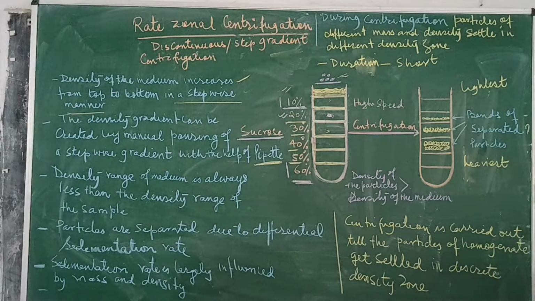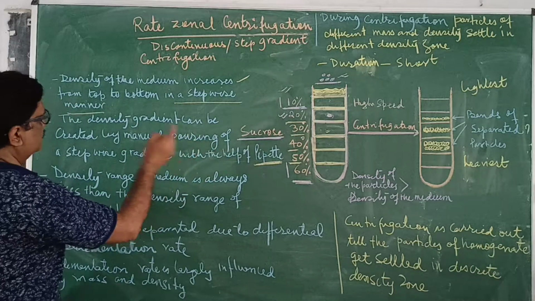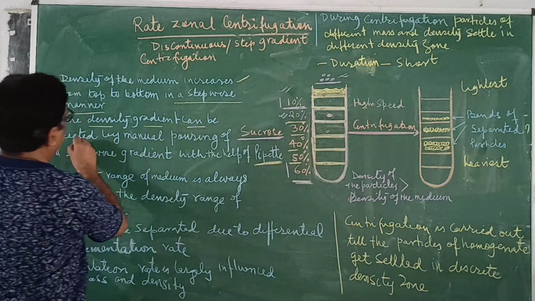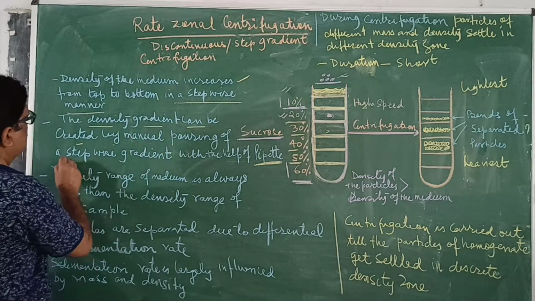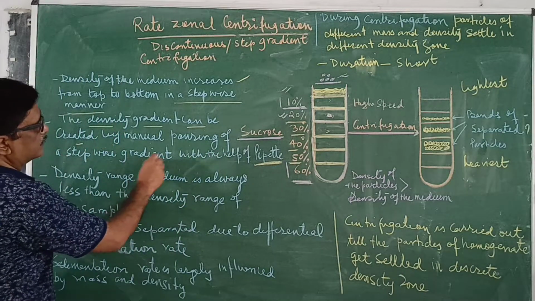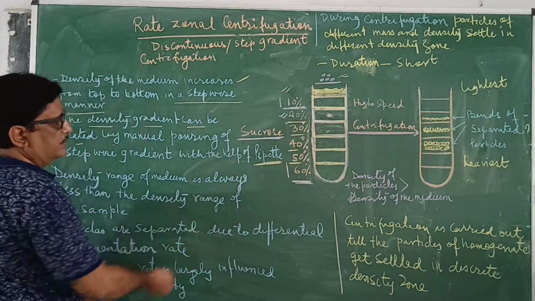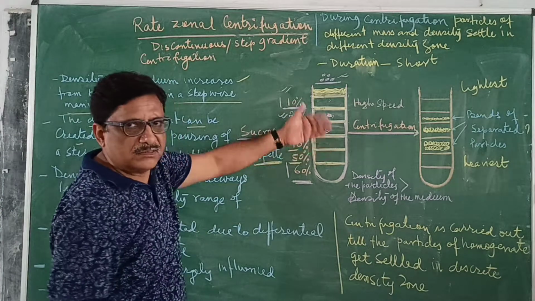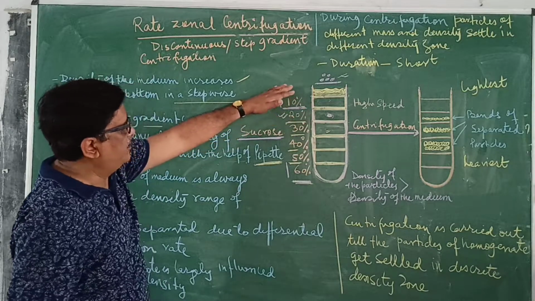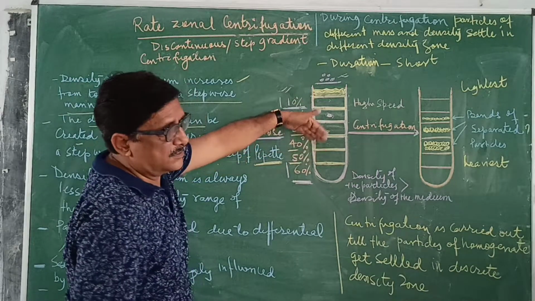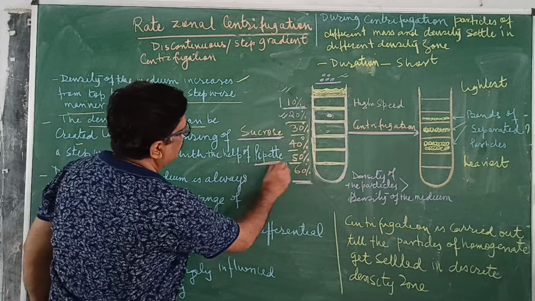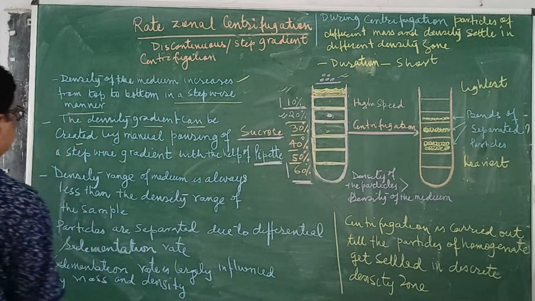In the next step, the density gradient can be created by manual pouring of a stepwise gradient with the help of a pipette. In a stepwise manner, we will pour the medium manually using a pipette.